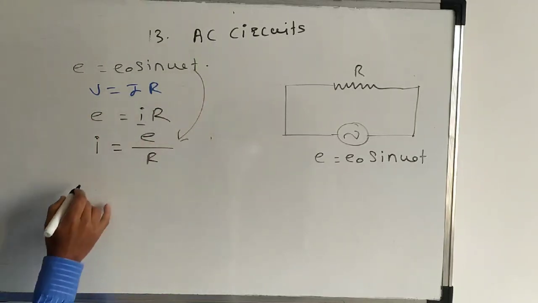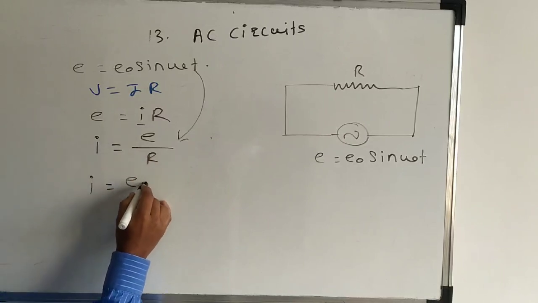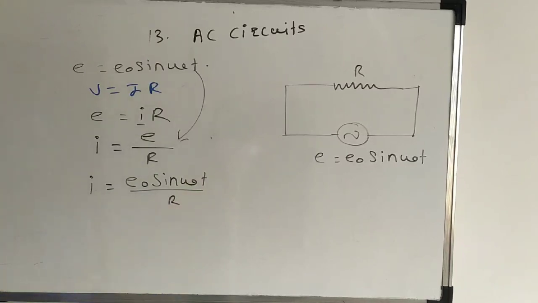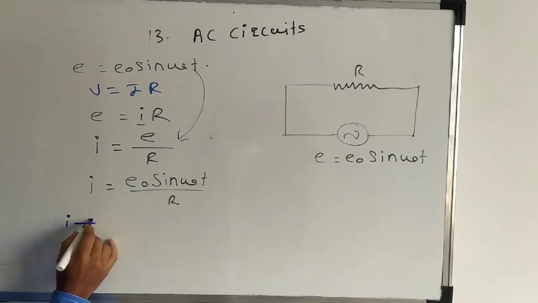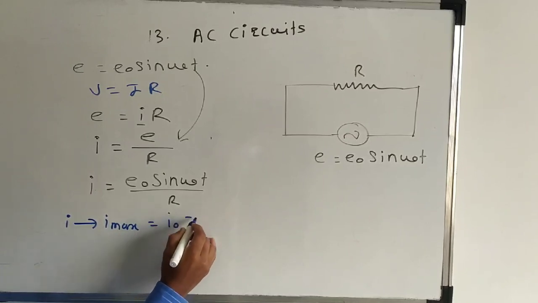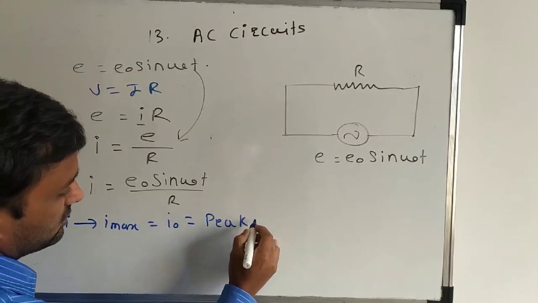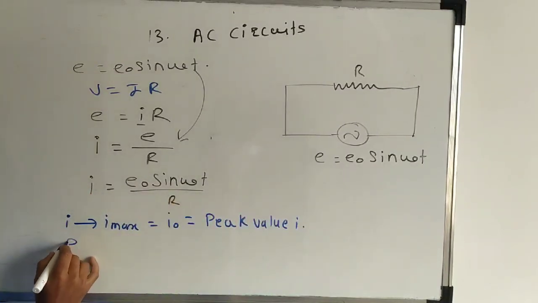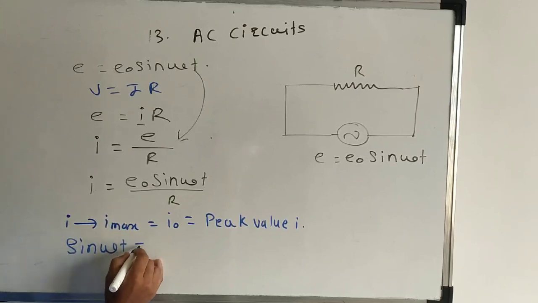Then I equals E naught sine omega t upon R. The value of I becomes maximum, that is I max, that is I naught, the peak value of current, when sine omega t becomes 1. When sine omega t becomes 1, the value of current becomes maximum, that is the peak value of current.